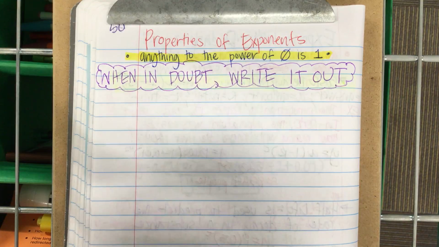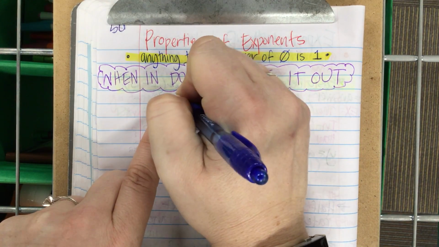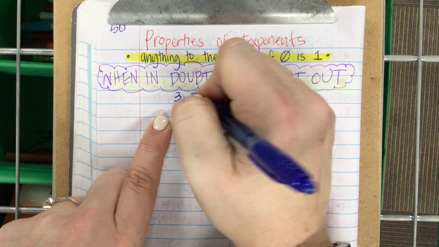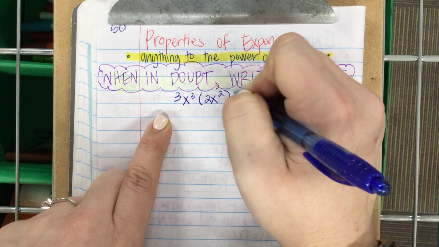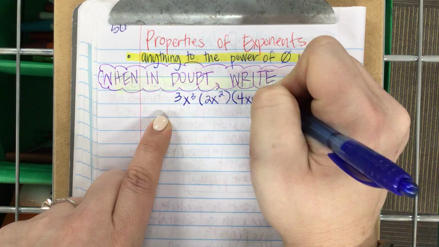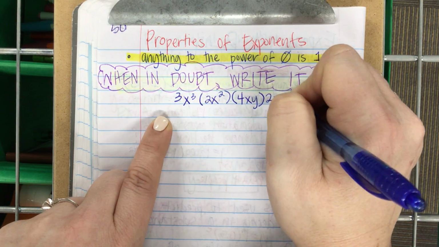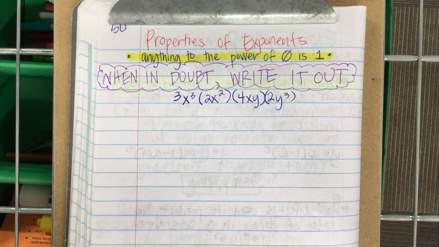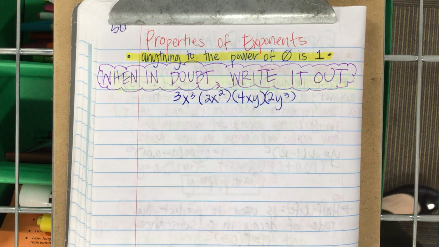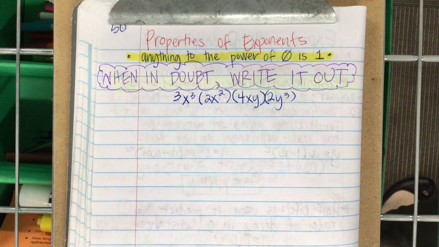All right, I'm going to give you a problem. 3x to the third times 2x squared times 4xy times 2y to the third. Right? It's a lot of multiplication. It's multiplication of powers, correct?